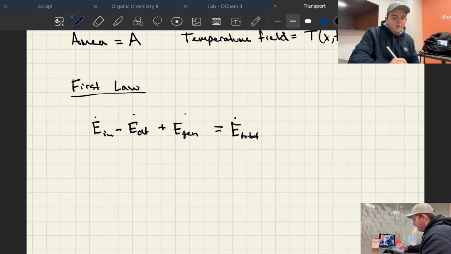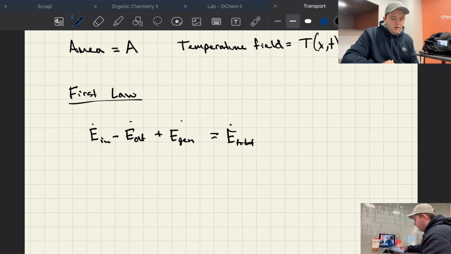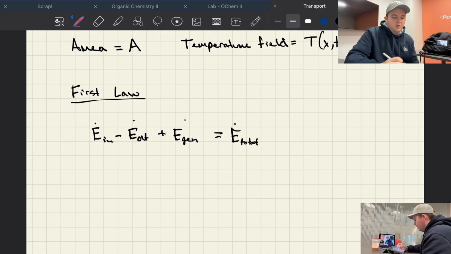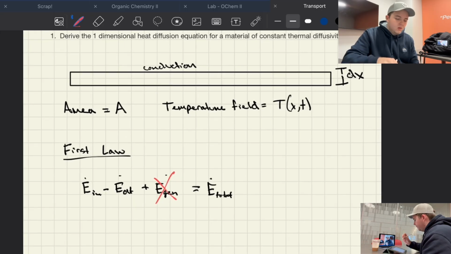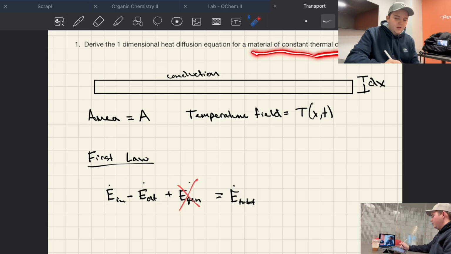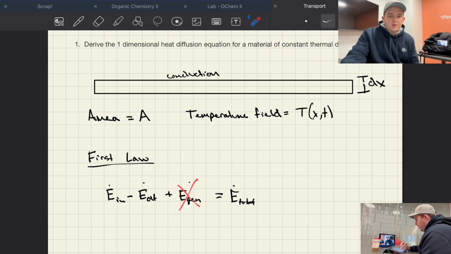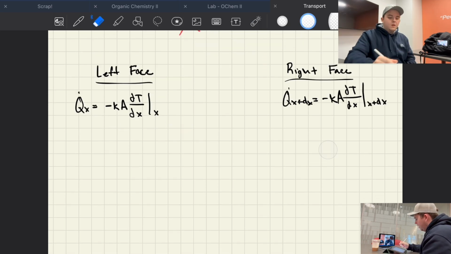So that's just how we get started. And for this specific question, we're going to ignore generation because for this example, which is a material of constant thermal diffusivity, there's not going to be any heat generation. So that's going to get us started.